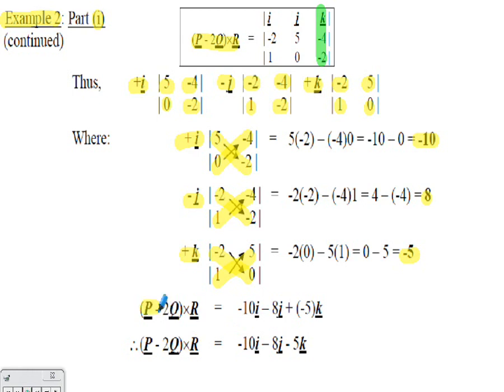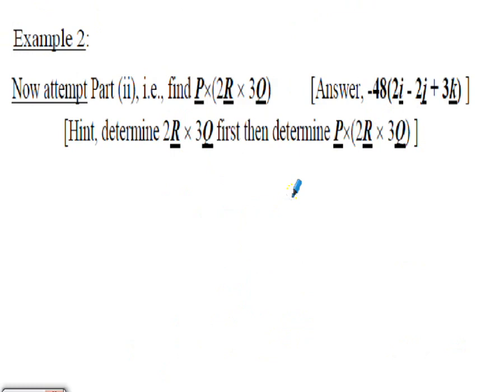So now p minus 2q all multiplied by r gives us minus 10 in the i, minus 8 in the j, plus minus 5 in the k. Again, be careful of the negative j sign we have to drag through here. Tidying that up, we get p minus 2q multiplied by r is equal to minus 10i, minus 8j, minus 5k.